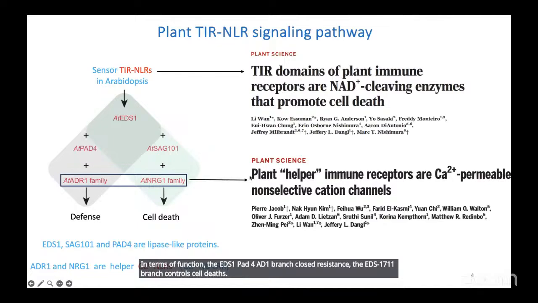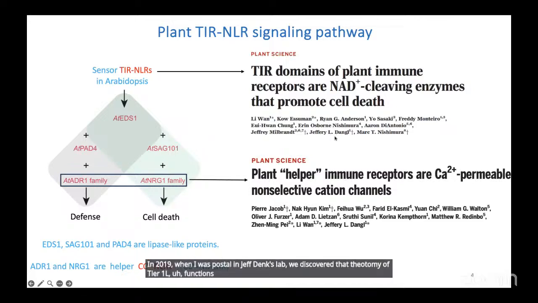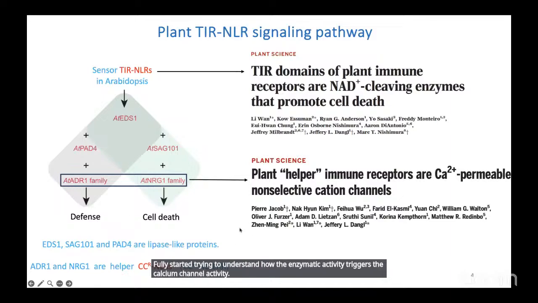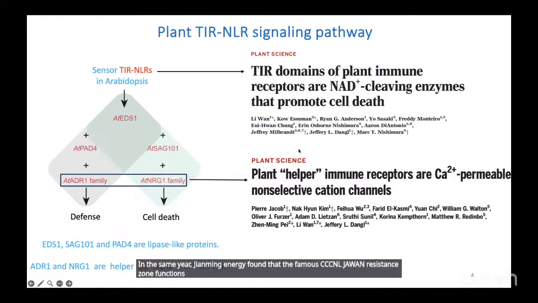In 2019, when I was a postdoc in Jeff Dangl's lab, we discovered the TIR domain of TIR NLR functions as NAD-cleaving enzymes to produce small signaling molecules. In 2021, we found that both CCR NLRs, ADR1 and NRG1, function as calcium channels. Following studies tried to understand how the enzymatic activity triggers the calcium channel activity. In the same year, Jianming and Jijie found that the famous CC-NLR ZAR1 resistosome functions as a calcium channel.